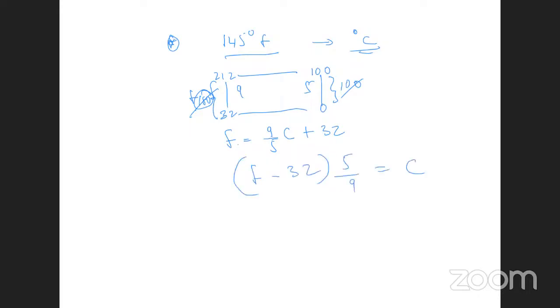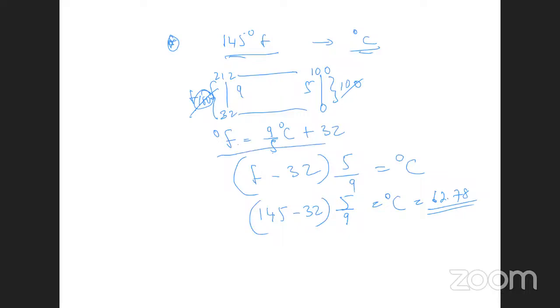So here we have 145 minus 32, and I flipped this, so 5 over 9. Now 145 minus 32, times 5 over 9, I get 62.78. That's the answer. That's how we do it.